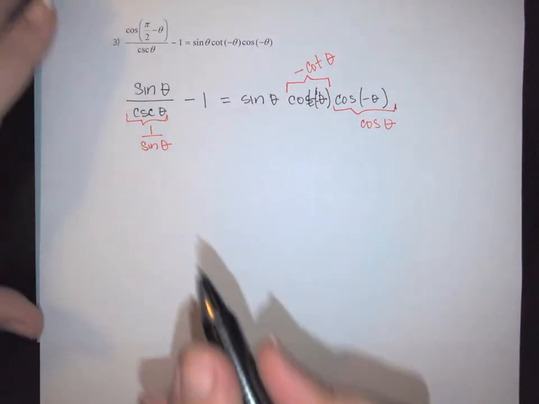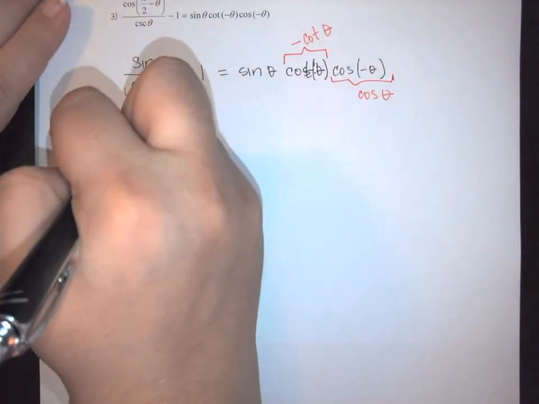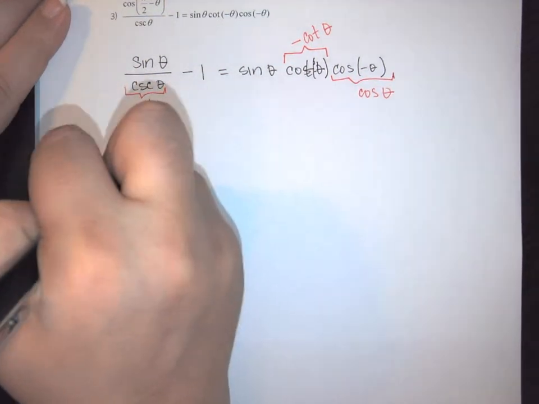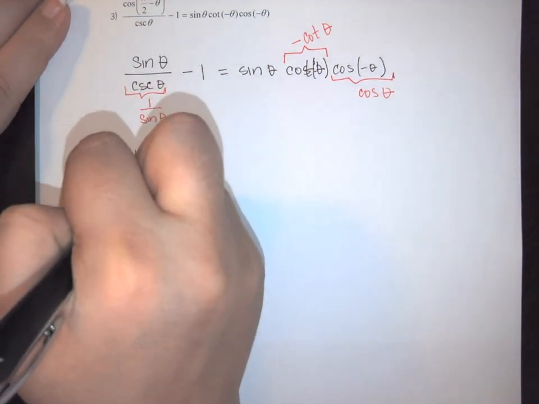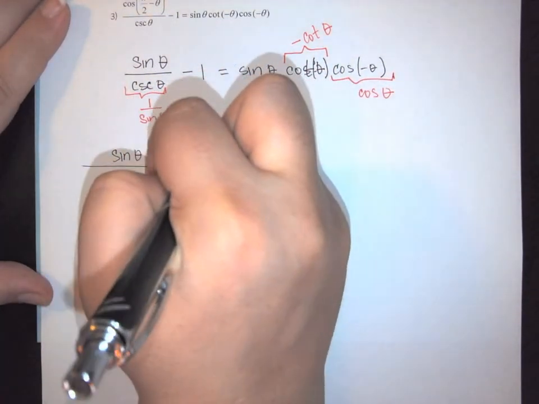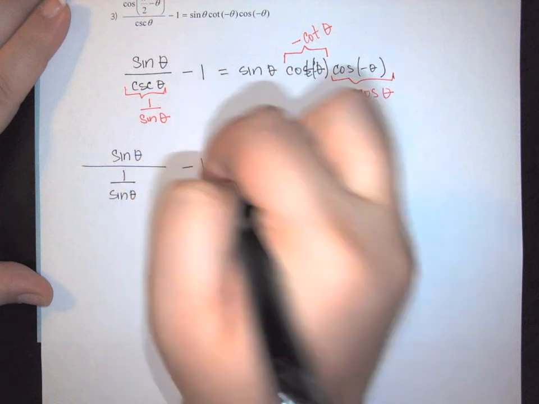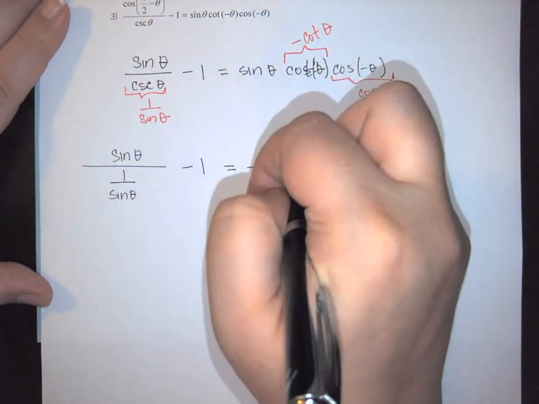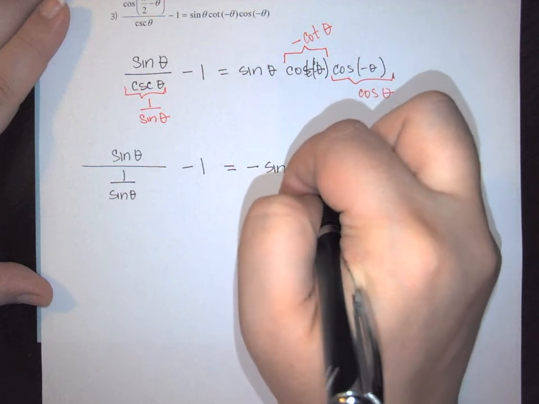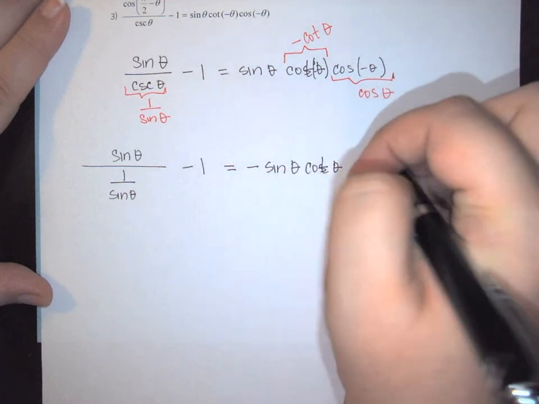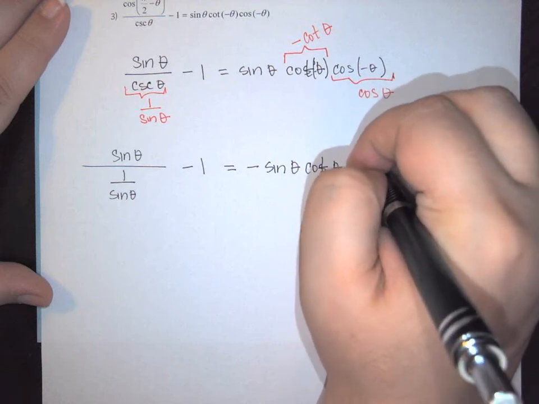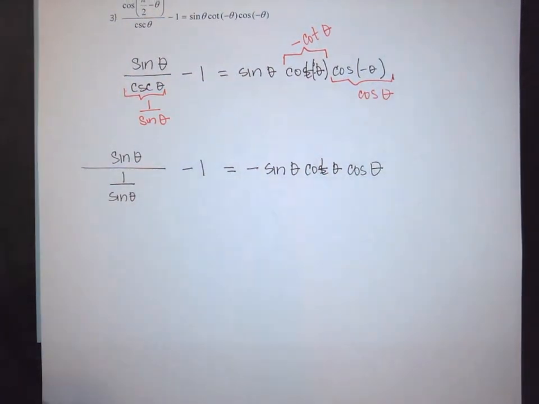So we can rewrite all of this to say that I have the sine of theta over 1 over the sine of theta minus 1 is equal to negative sine of theta cotangent of theta cosine of theta.